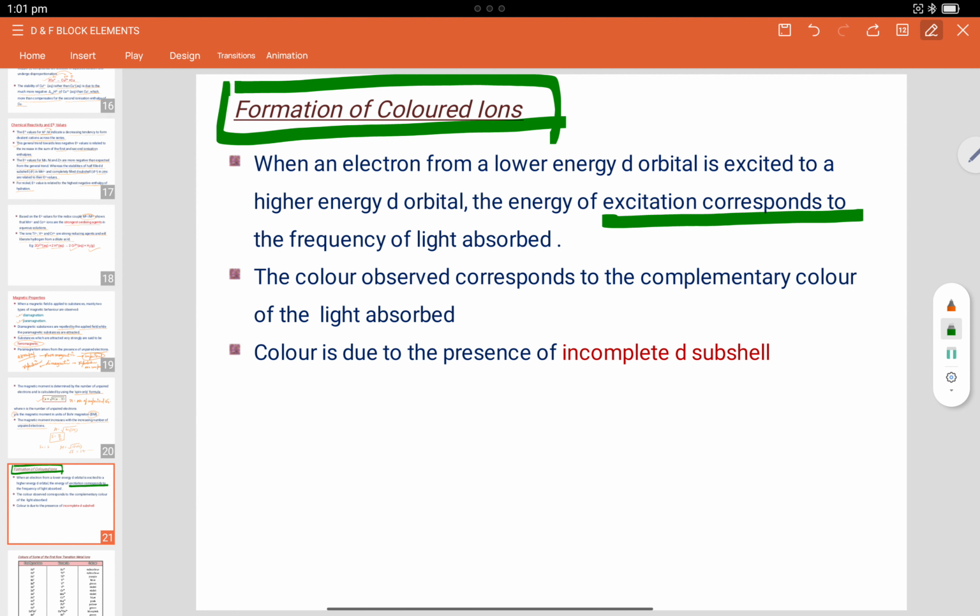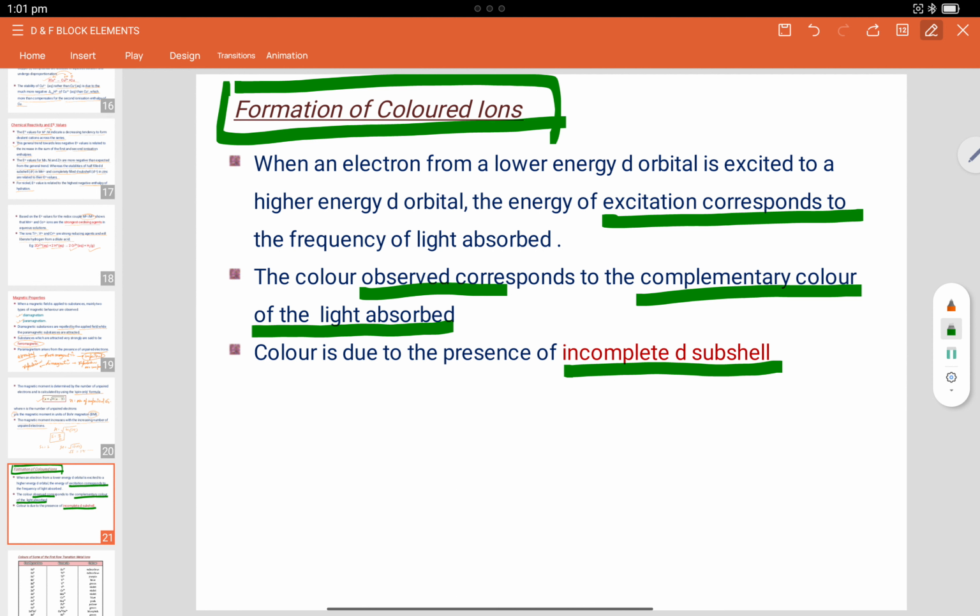The color observed corresponds to the complementary color of light absorbed. Color is due to the presence of an incomplete d subshell. Many transition metal compounds are colored due to the incomplete d subshell.